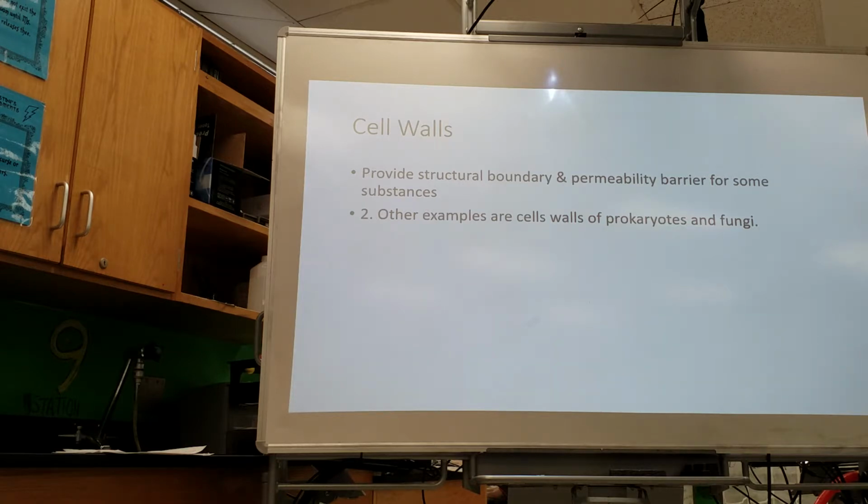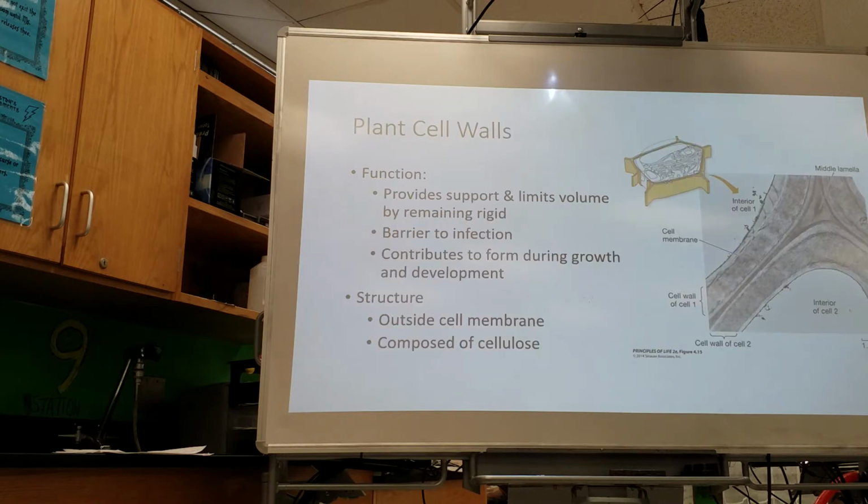So cell walls are an extra layer of protection. They also provide some structural support for different types of cells, most commonly plants, fungi, and bacteria. They will also be a permeability block, so they can also have their own selective permeabilities, things they will allow inside and will not.